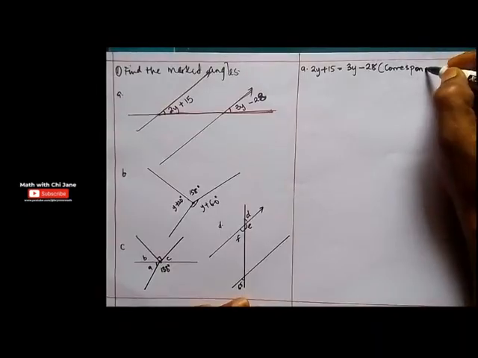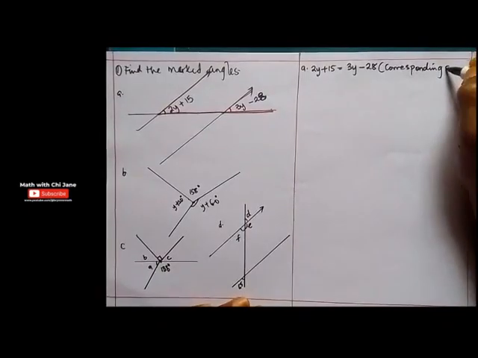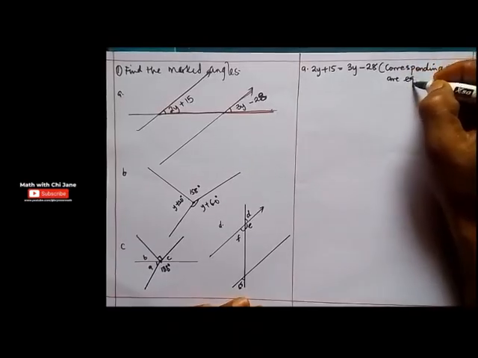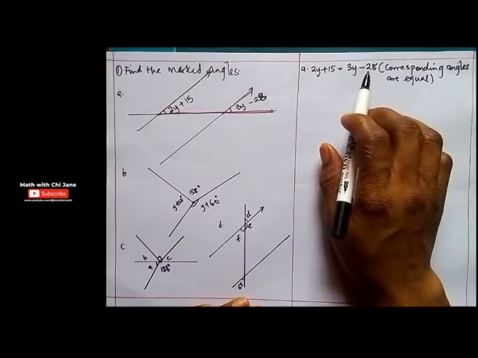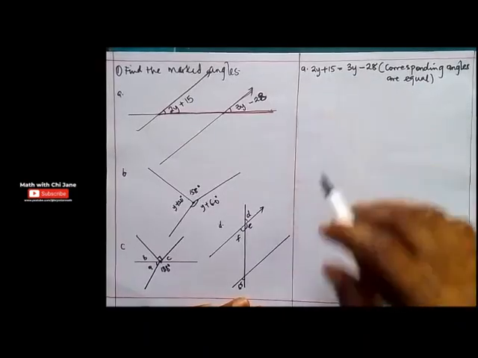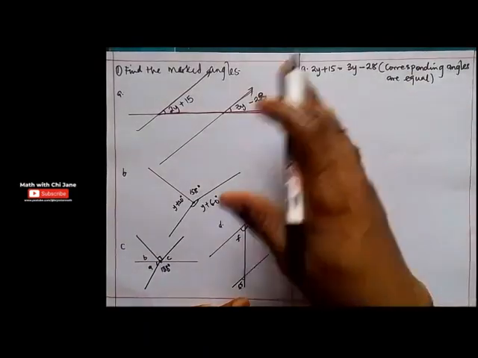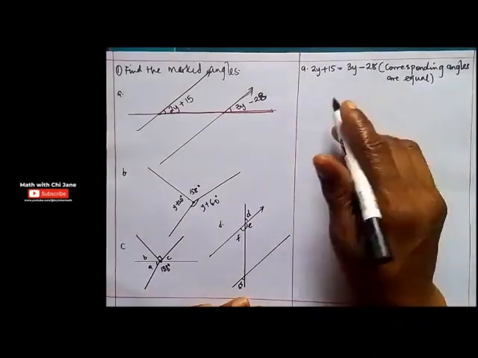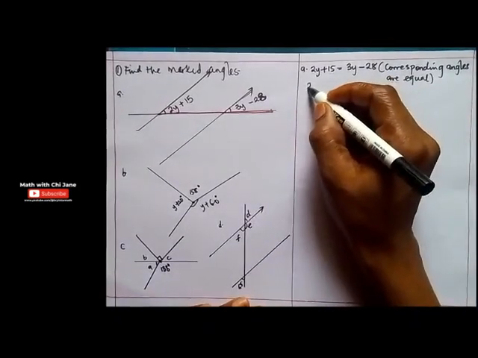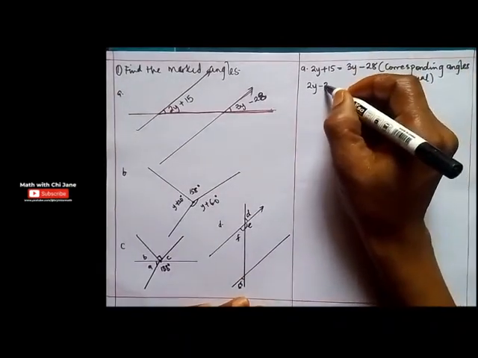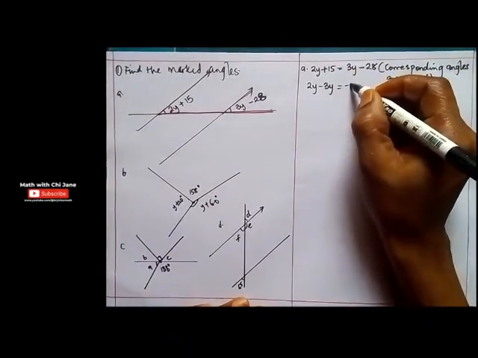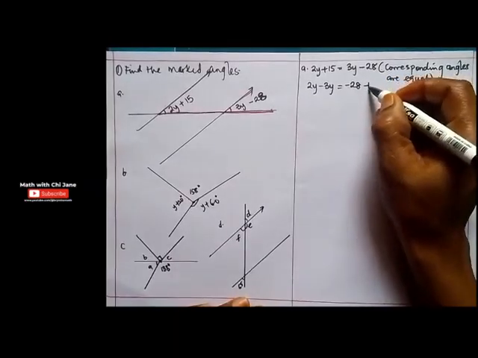So corresponding angles are equal. Okay, from our knowledge of algebra, we collect like terms. So we have 2y, bringing 3y here, 2y minus 3y is equal to minus 28 minus 15.